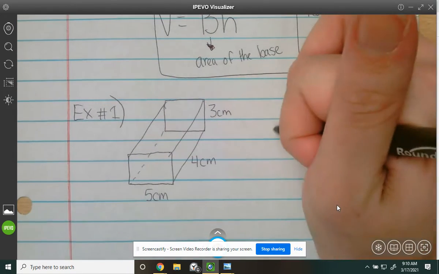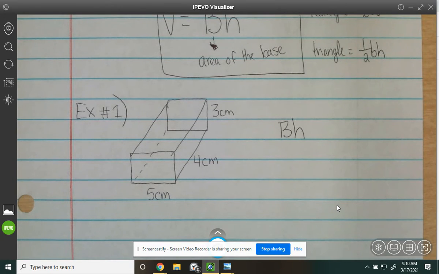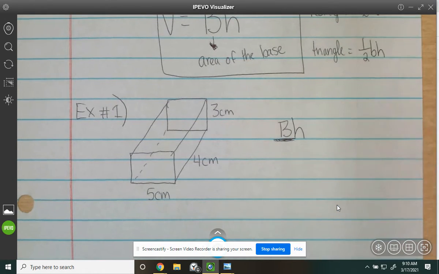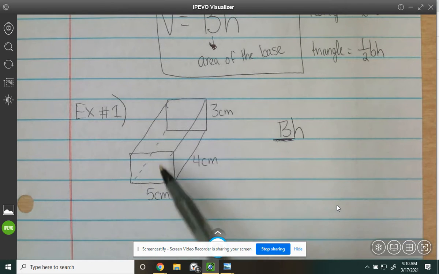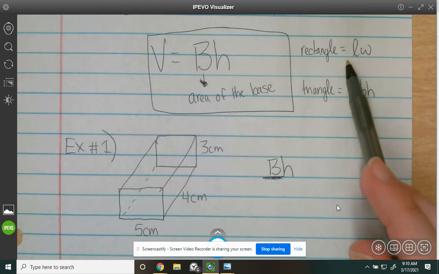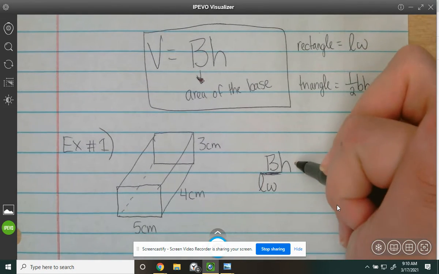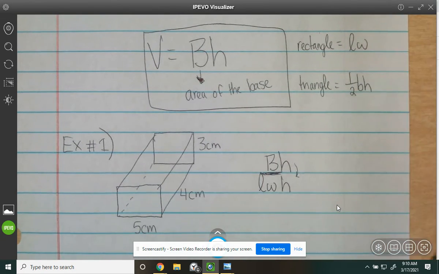Okay, so I'm going to write BH. That's my formula. Then I have to ask myself, what is my base? Well, this is a rectangular prism, so my base is a rectangle. So instead of B, I'm actually going to use length times width. And then I just bring my H down.